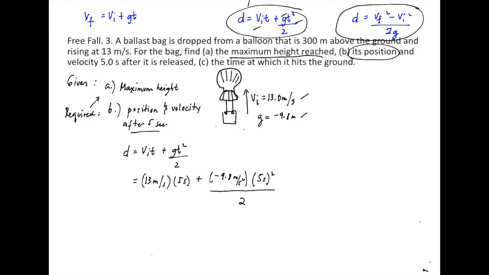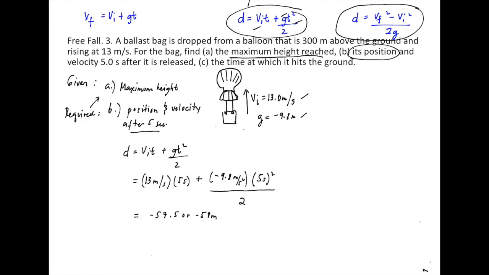Okay, so let's have now our calculation. Upon pressing my calculator, I could get negative 57.5 or negative 58 meter. Okay, now this means that the ballast bag is dropped from a balloon that is 300 meter above the ground and rising at 13 meter per second.